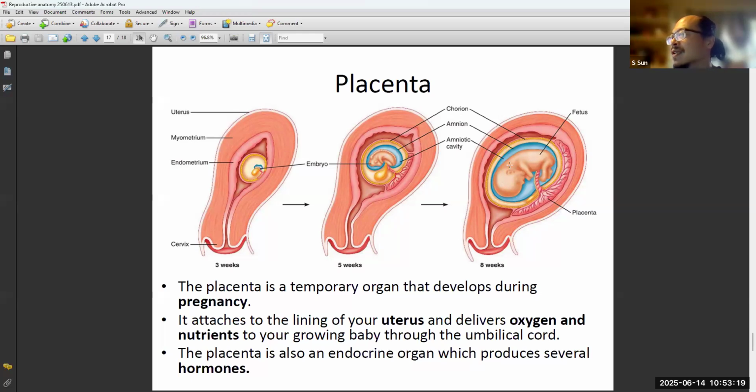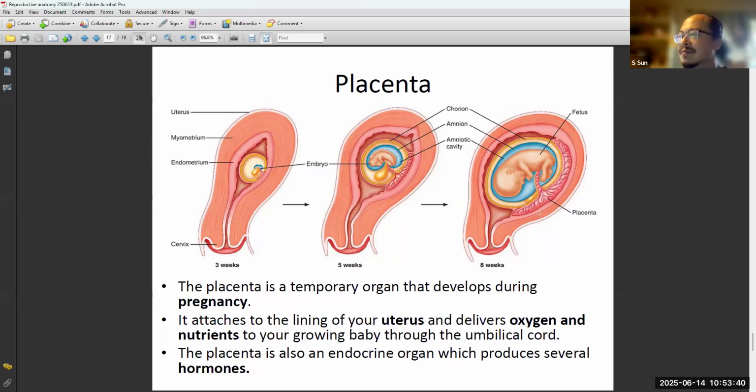The fetus is developing inside of this amniotic cavity, and it will receive the nutrients, oxygen, and blood supply from the mother through the placenta.